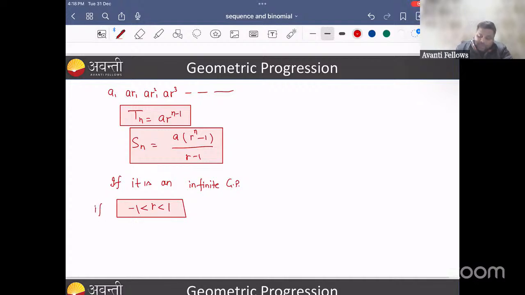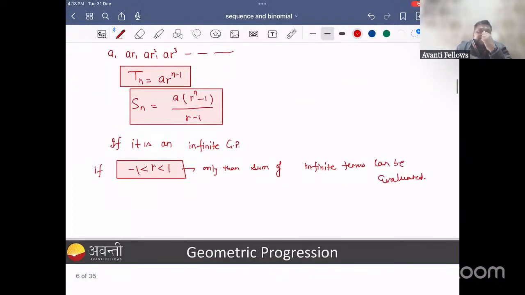So if r lies between minus 1 and 1, only then the sum of infinite terms can be evaluated. And in that case, the sum of infinite terms is a upon 1 minus r. Got it?